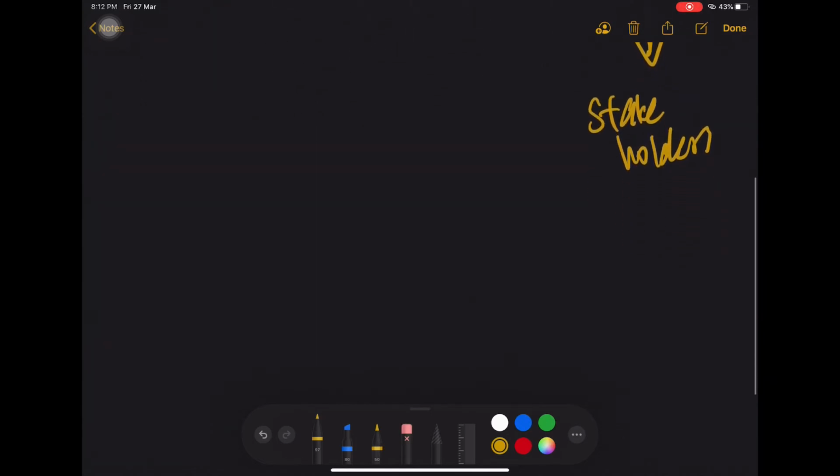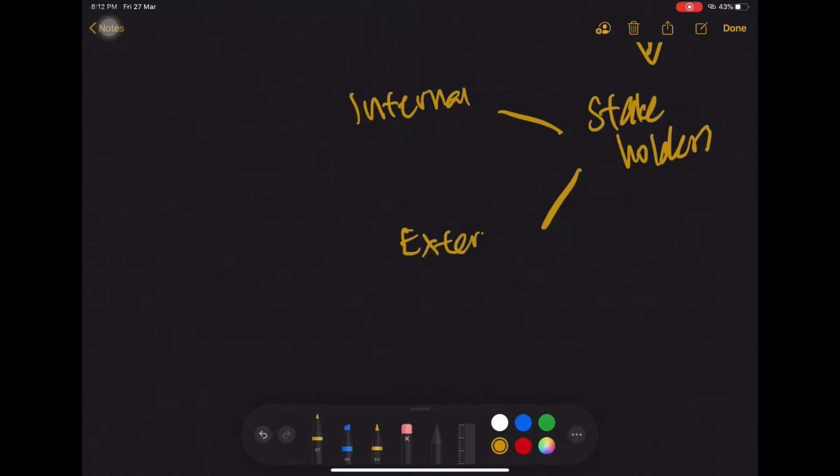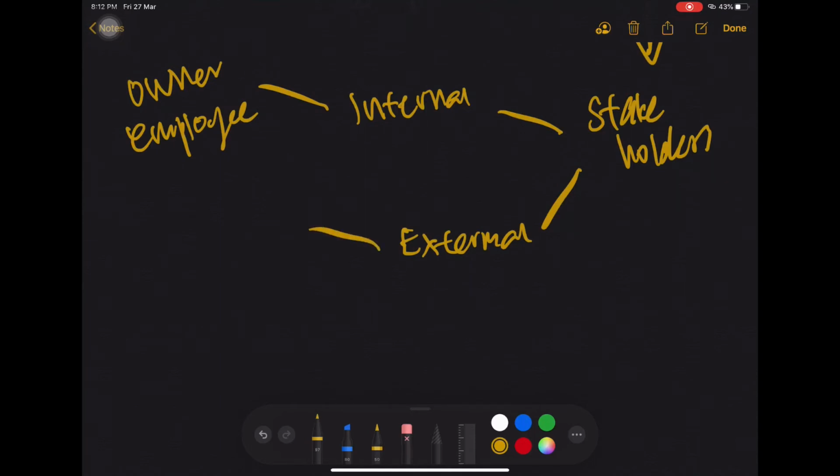Okay, so stakeholders consist of internal and external. Okay, so internal stakeholders, let's recall. Internal stakeholders are people like the owner or the employee.